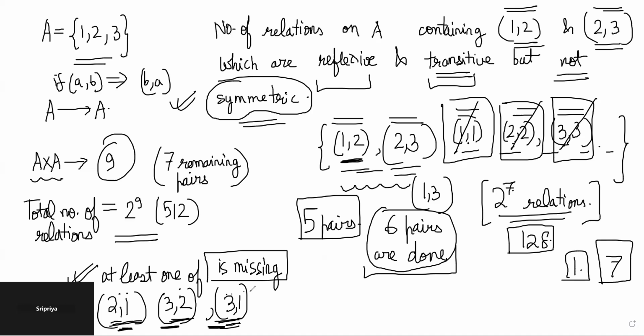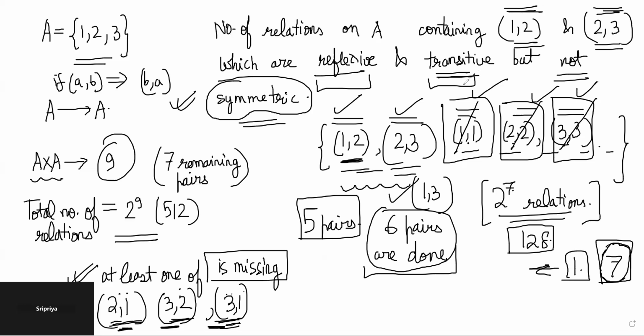Do you understand what I'm saying? Yeah, I got it. Only the case with all three is not allowed. So out of the 8 choices, one choice is not allowed. 7 choices are allowed because in all 7 of them, something will be missing. So many ordered pairs are guaranteed because of the conditions of the problem.